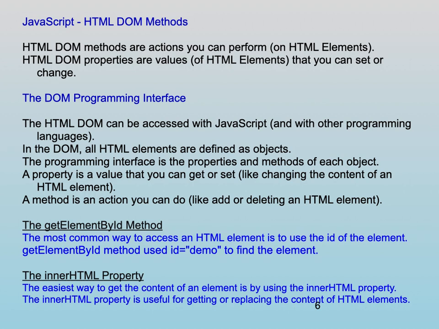Then we attach the innerHTML property using a dot operator, and you assign a particular value to innerHTML. Then the identified element's content will be replaced by the value assigned with innerHTML. We will see that later in a program.